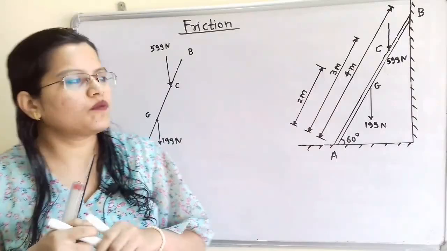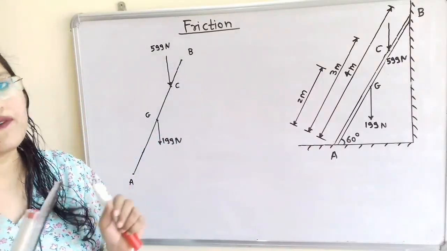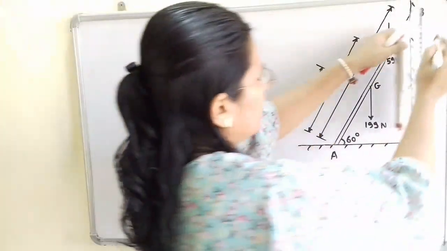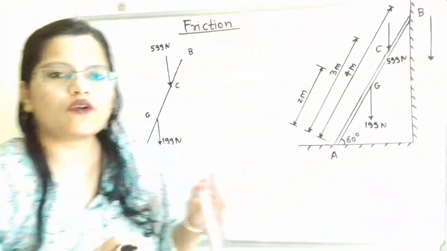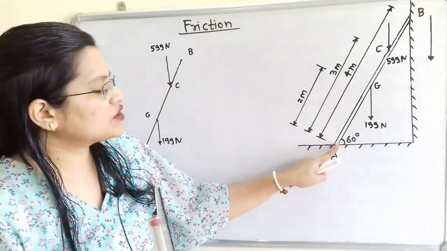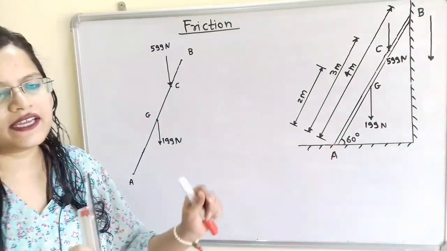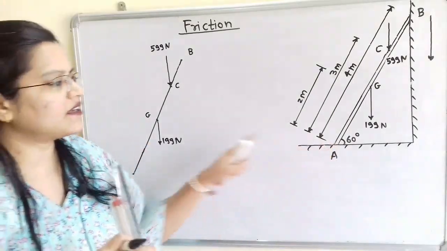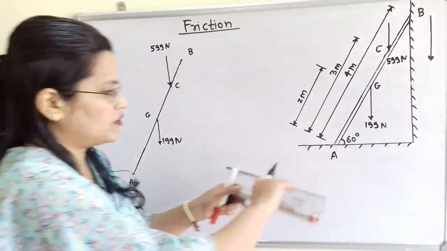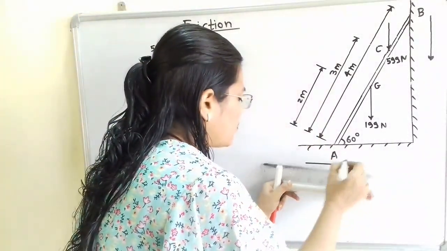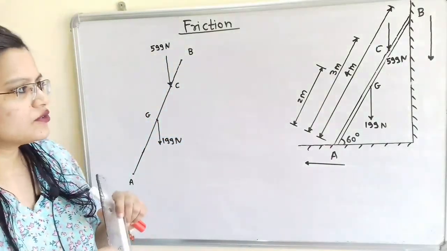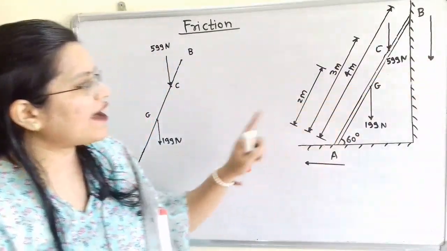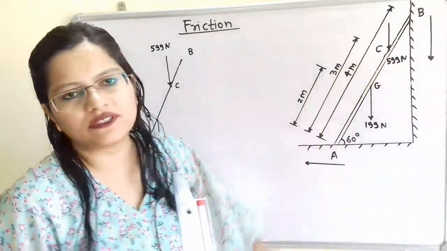So we will show the motion at point B as downward. As point B moves downward, the motion of the ladder at point A is towards the left-hand side along the horizontal floor. So we will show here the motion of the ladder at point A.